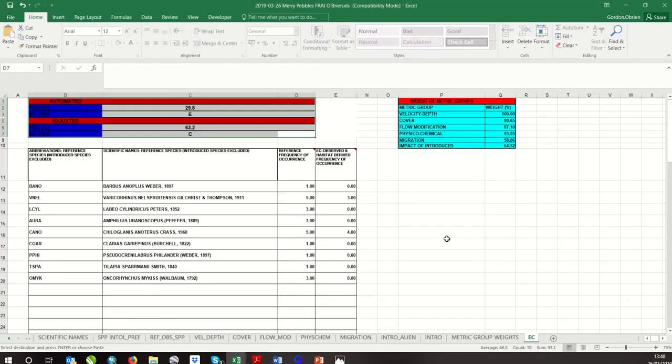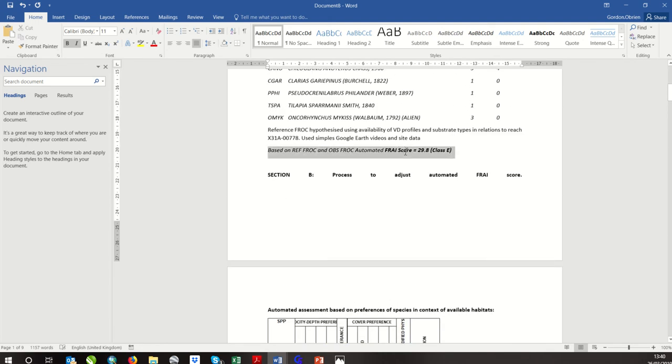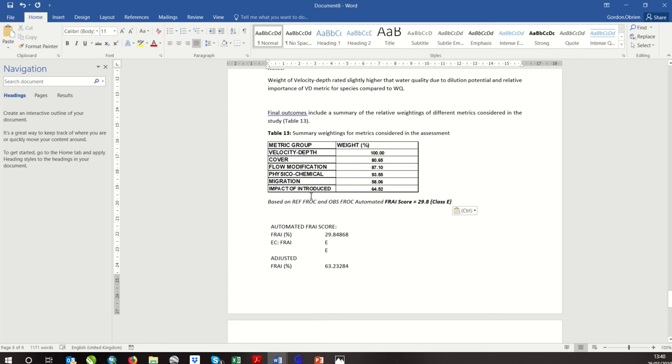I think it said it was an F. E. And then when we did the adjustment, after adjustments to the Frai, the new Frai score is equal to 63.2, class C. Okay, do you see that now?